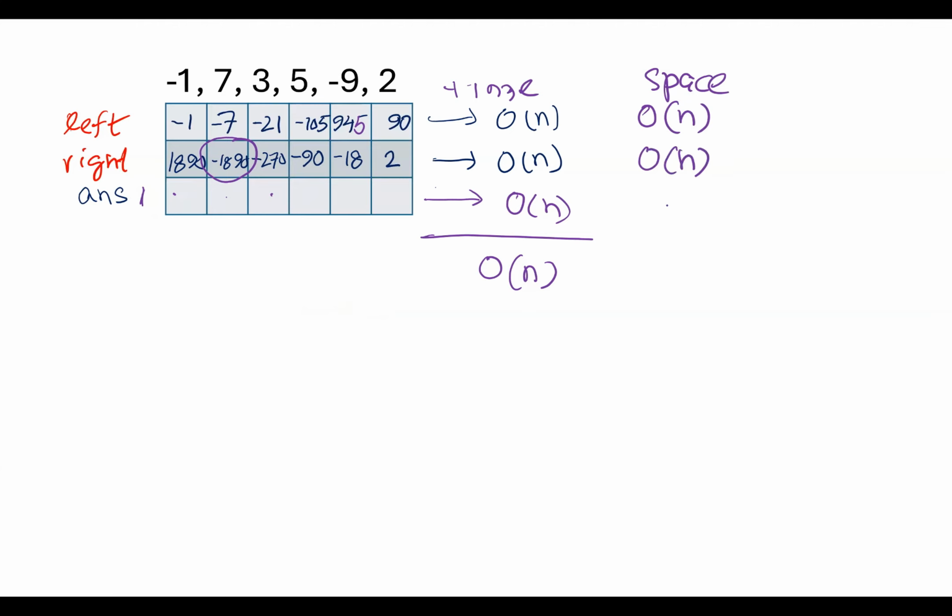This one we don't consider as extra space because the result array is not considered as extra space. We need it. So this space is also order of n. So there goes our order of n algorithm with the trade-off of order of n space.